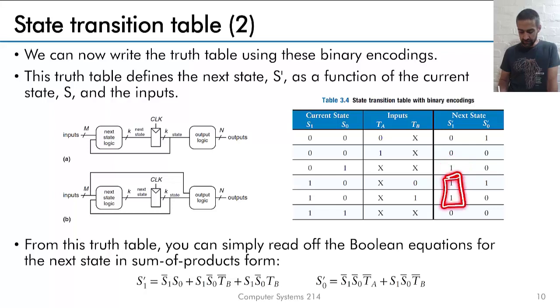Then these ones, you can see what drives them. Those two are different here. So if you want to write this down, it's not S1 S0, it's S1 not S0 with a not TB, and an S1 not S0 with a TB. Those 3 ones are described with that function there.